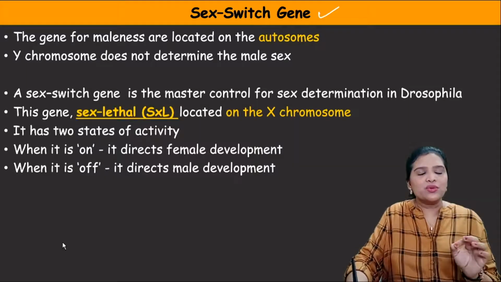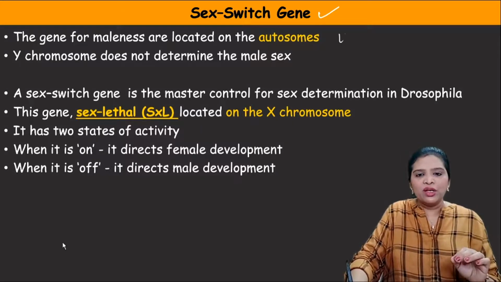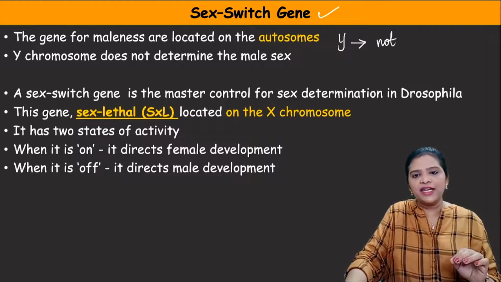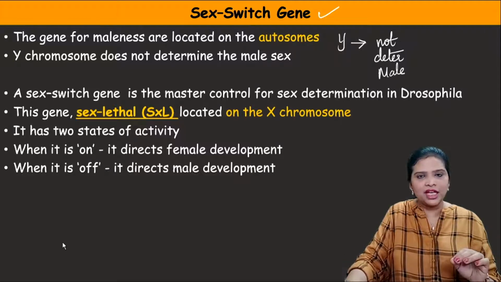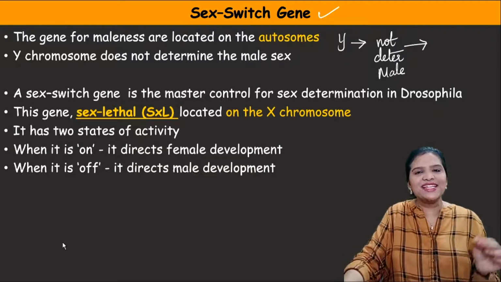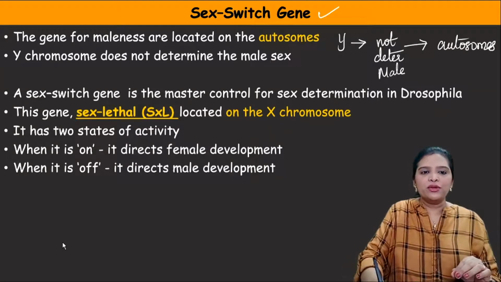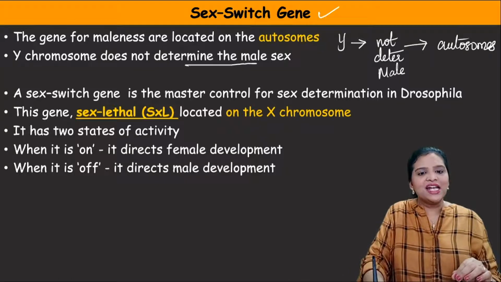Okay. To understand this, first we know that in Drosophila, the Y chromosome does not determine male character. So where is the male character present? It is present on autosomes, right? We have seen this. So the Y chromosome does not determine the male sex characters.